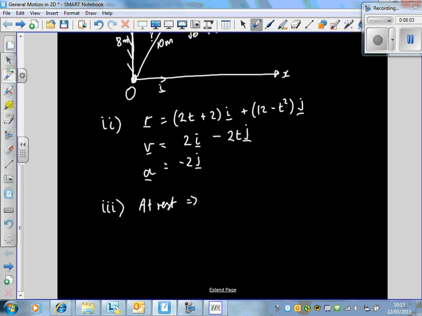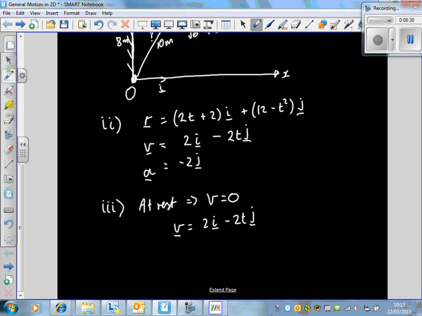Not move. Yeah, it doesn't move. No, velocity 0. So can somebody explain why, if we look at the velocity as a vector, 2i minus 2tj, that would never be 0?